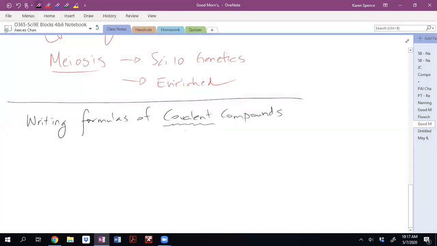So if we have a covalent compound, how do we know that it is a covalent compound? What are covalent compounds made of?